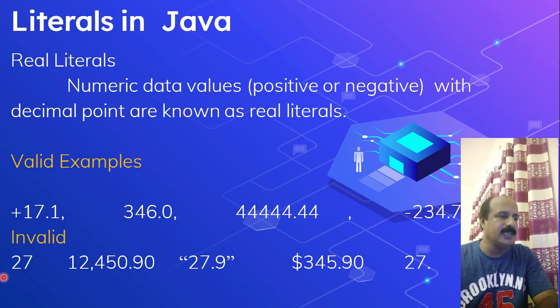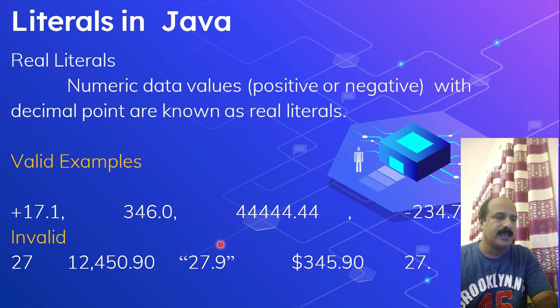Invalid. See, this is invalid: 27. Why is it invalid? There is no point. So you cannot write 27 simply. You need to write 27.0. Now this one, why is this invalid? A comma is given. This declaration is right, but the comma is there. So in between the numbers, whether it is an integer literal or a real literal, you cannot put a comma or any special symbol. Remember that.